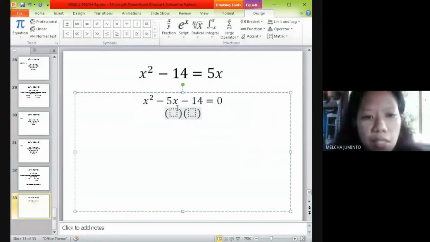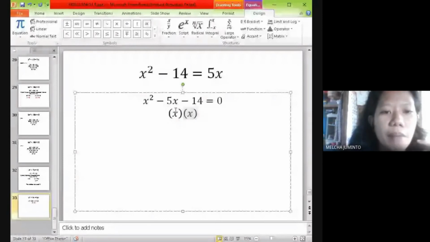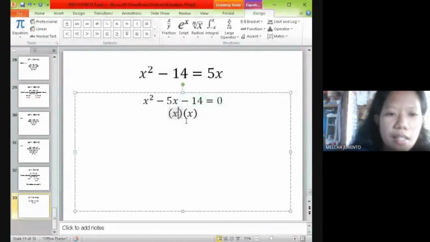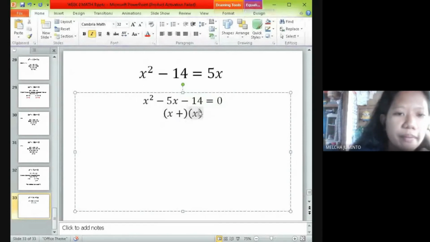Sa loob, laging x yung first term. Kapag lahat positive, automatic mga positive din yung sunod na sign. But since negative yung last term, yung 14 negative, dapat may isang positive, tapos may isang negative dito.